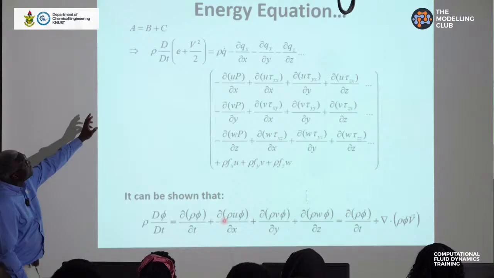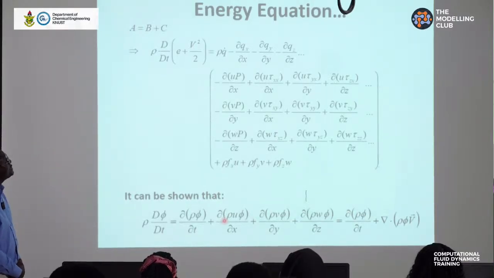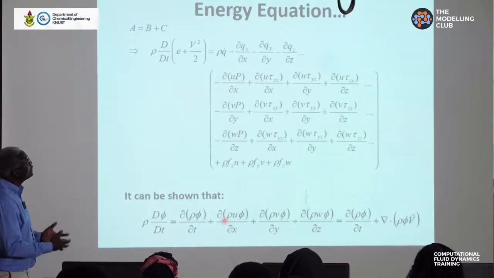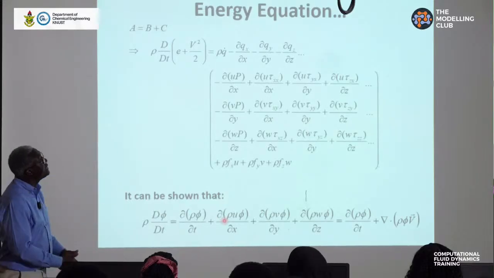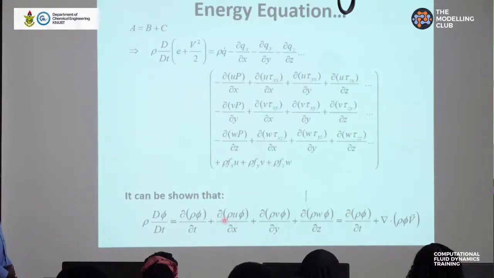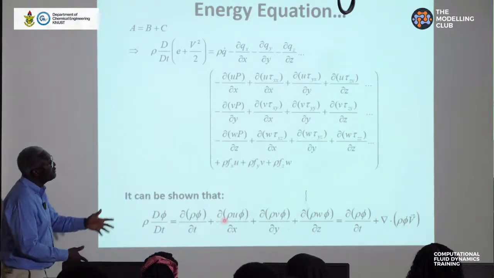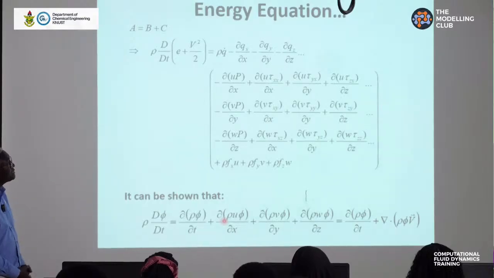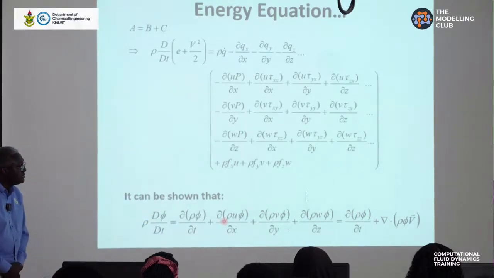On the left-hand side, you have the substantial derivative of the rate of change of the internal energy and kinetic energy being equal to the Q dot, which is the volumetric energy change within the volume, minus the conduction terms within the fluid, and then you have plus the work terms, body force and shear force terms, plus also the pressure terms. Okay? And in a more compact form, this will be your energy equation.